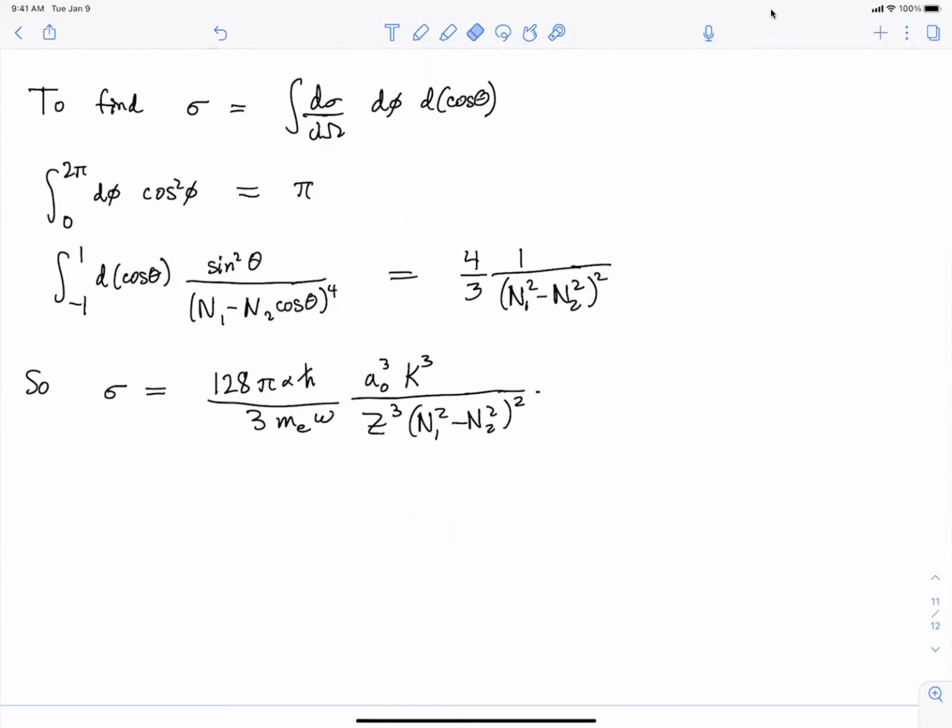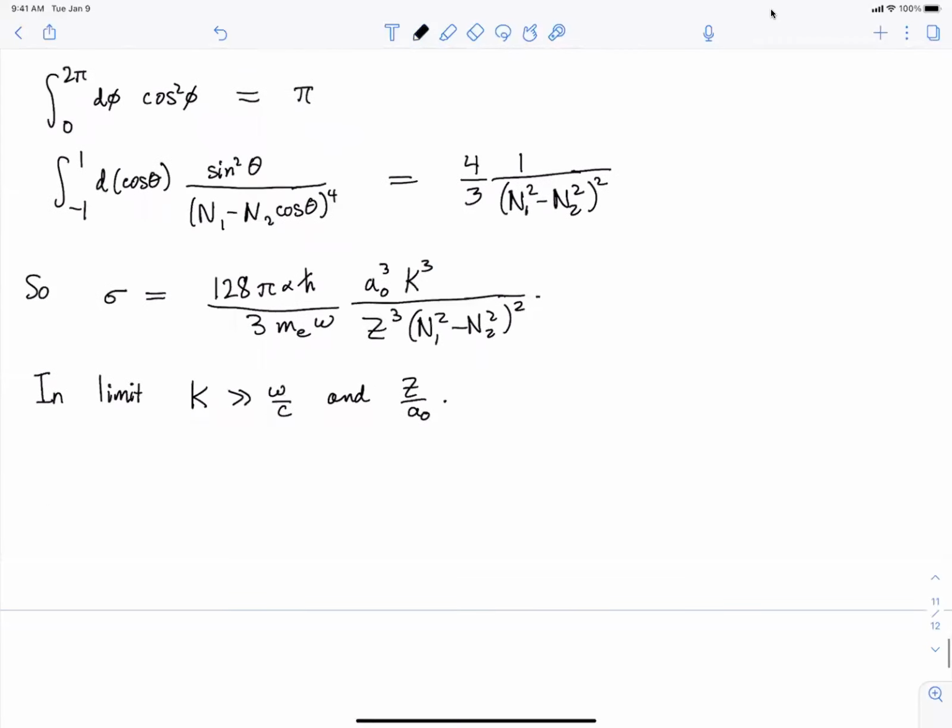So we should be a little bit careful and only look at the limit where capital K is much, much larger than omega over c and much, much larger than z over the Bohr radius. Because those are the two things that we worked out last time it should behave like.